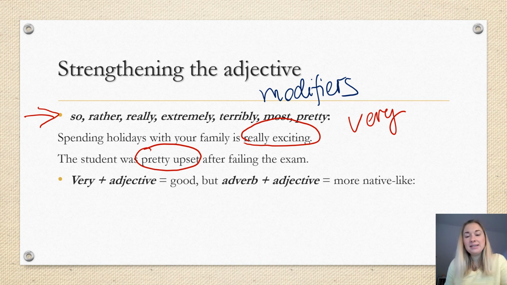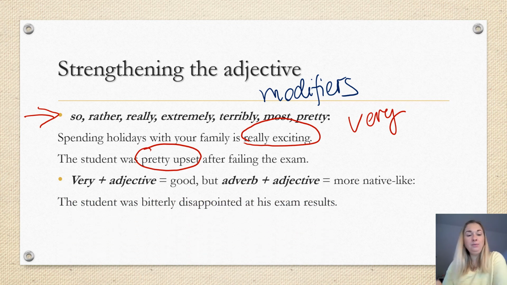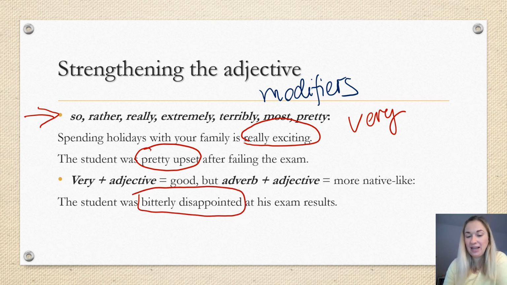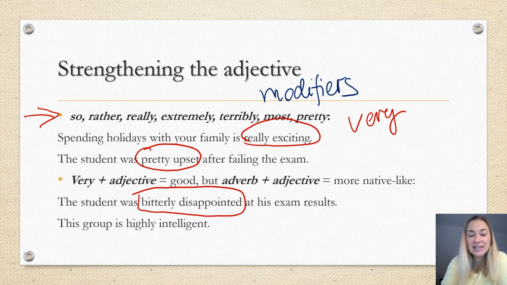It's good, but it's much better to have an adverb plus adjective to make you sound more proficient, fluent, or native-like. For example, my student was bitterly disappointed at his exam results. This group is highly intelligent.